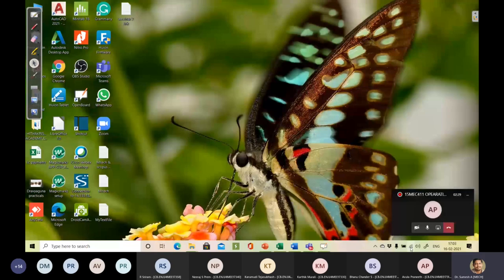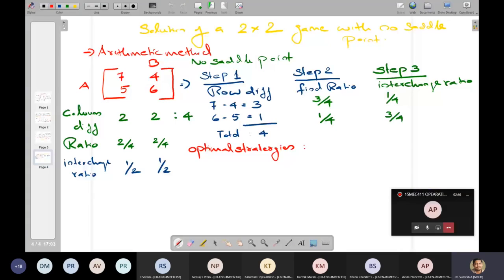I think this is the problem we were trying to solve in the morning. I told you that since there is no saddle point available for this problem, we have to solve it differently.